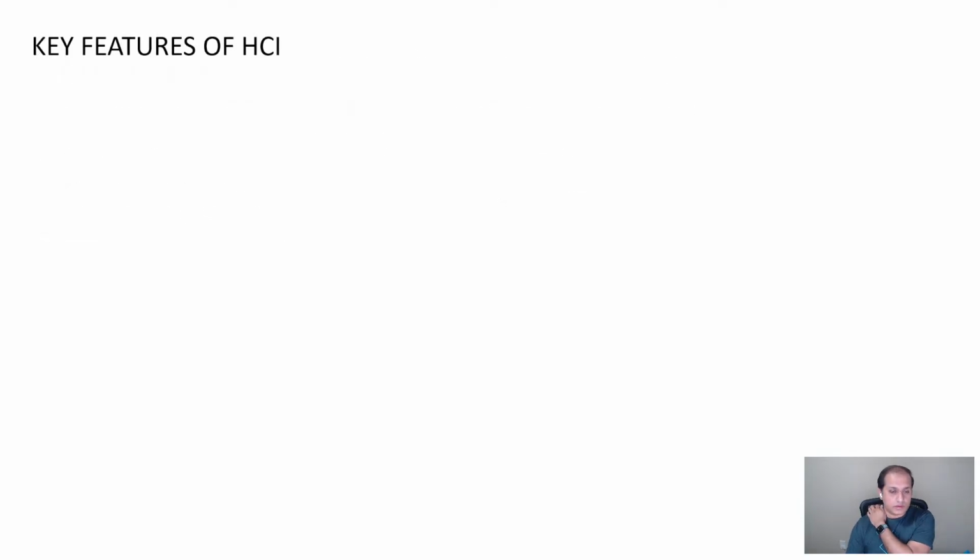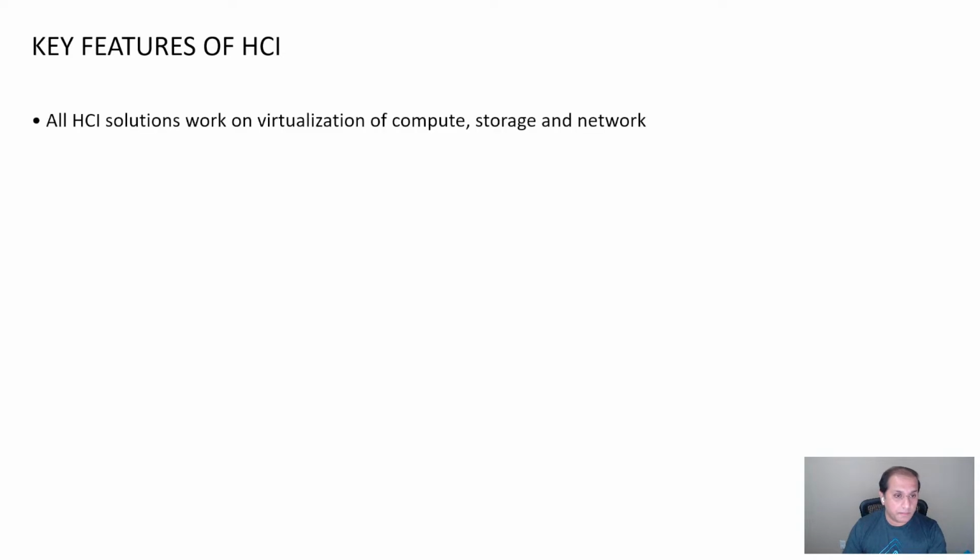Let's go through some of the key features of HCI. All HCI solutions work on virtualization. As I mentioned, how can you segment out these individual pieces, and what is the best way to do that? That is what hyperconverged infrastructure focuses on. Many of these HCI solutions are better at some of them, and some are good at all of them.